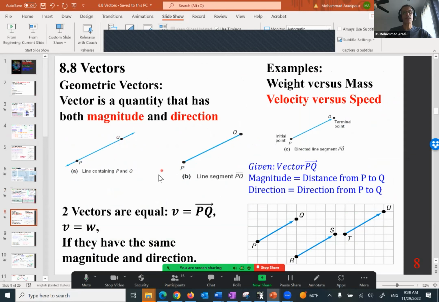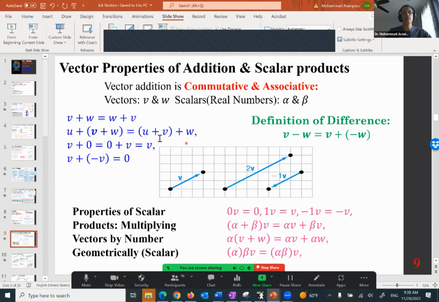Then we discussed vectors, the concept of a geometric vector, and the difference between vector and scalar. Vectors have magnitude and direction. The properties of addition and scalar product were discussed, very similar to real numbers.